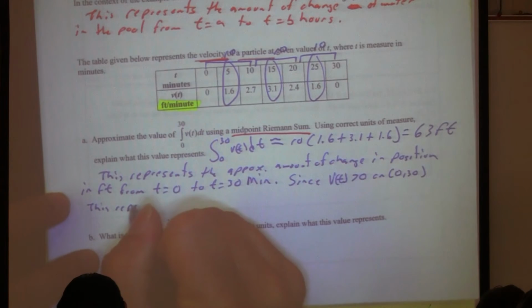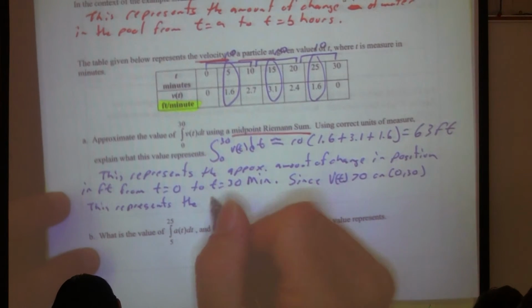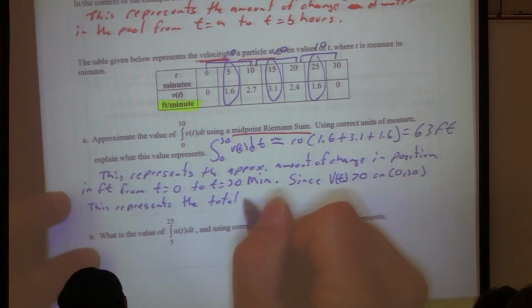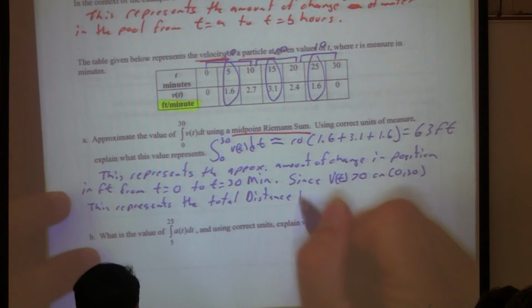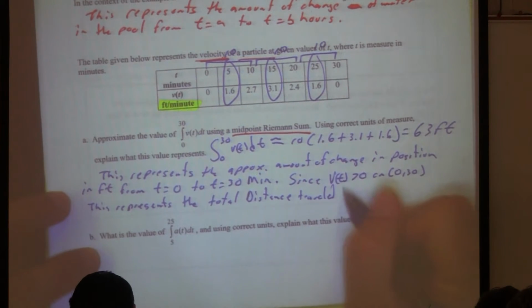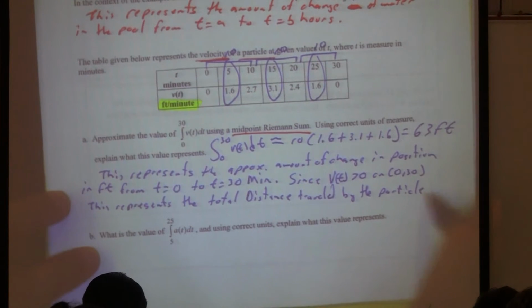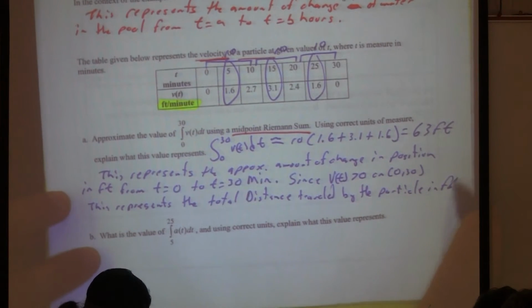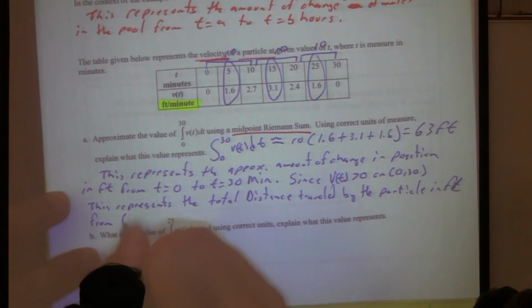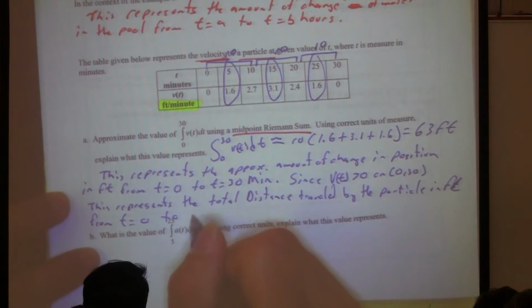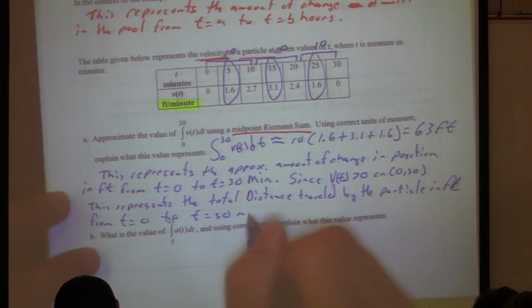This represents the total distance traveled by the particle in feet from t equals 0 to t equals 30 minutes.